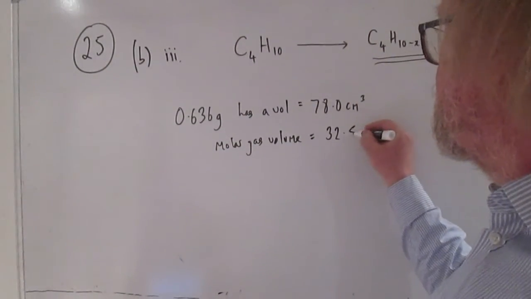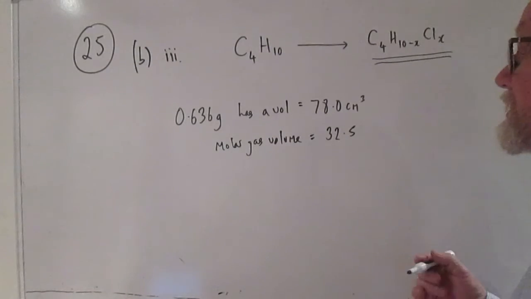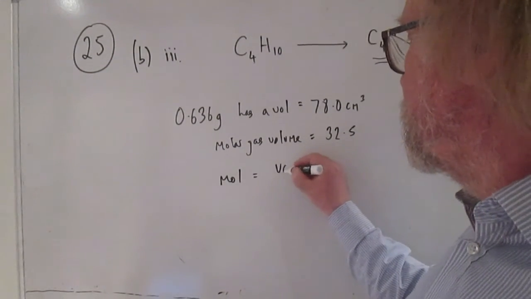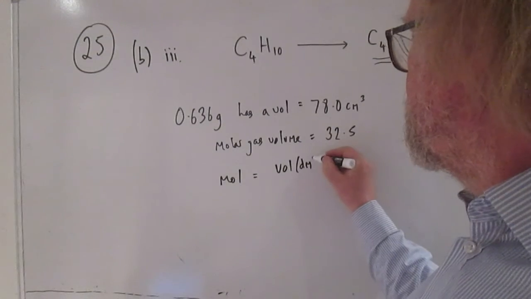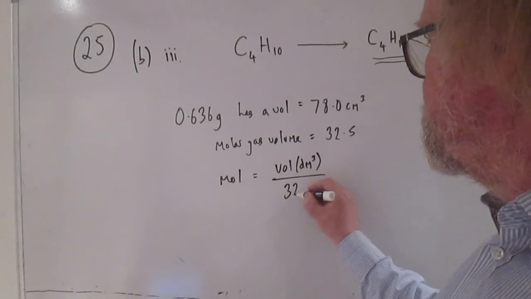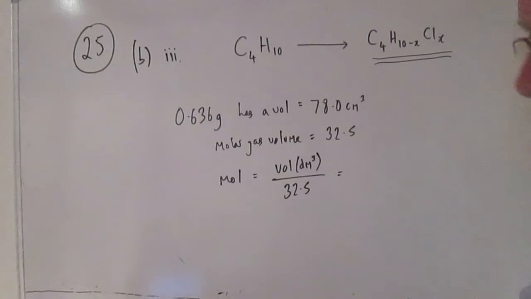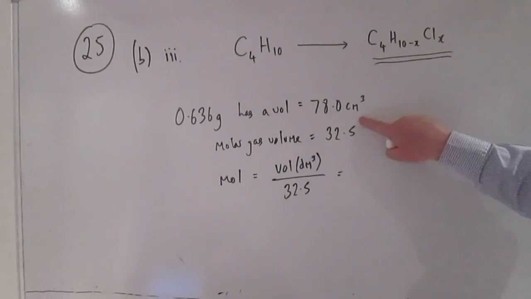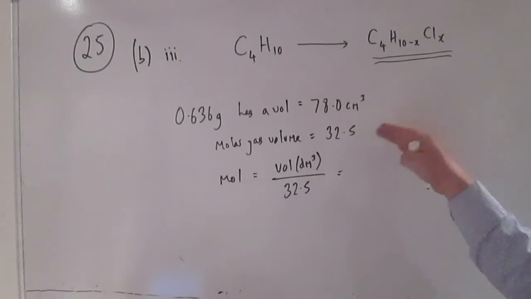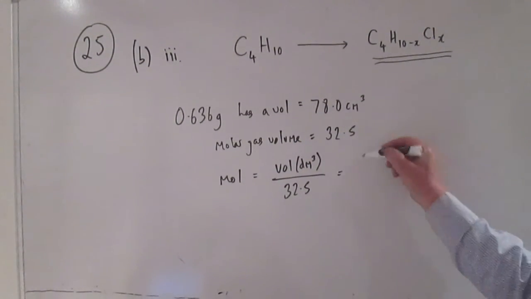So you just use 32.5 in the same way you would use 24 and get that moles is equal to the volume in dm cubed divided by the volume of 1 mole, which is not 24, but 32.5. Okay, so it's just about being flexible and making sure you understand what you're doing when you use the 24 thing, so that if the conditions are different, so the molar volume is not 24, you can still work it out.